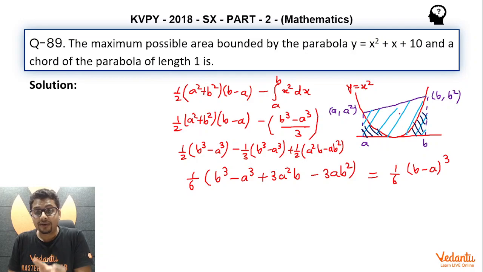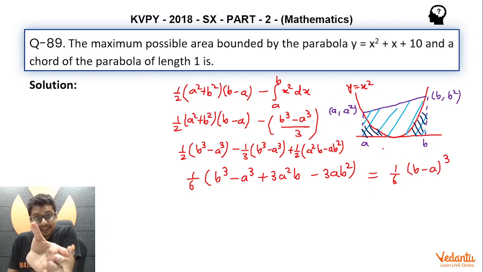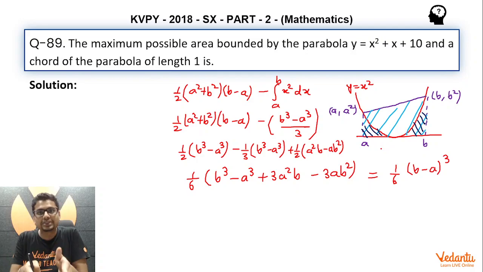It is when this chord is parallel to the x-axis. Then the whole chord will be the projection, and b minus a would be the maximum possible, 1. Otherwise, if it is slant like this, then the projection would definitely be less than 1. Why? Because this length is 1. So its projection will be less than 1. So that way you can say 1 by 6 is maximum.